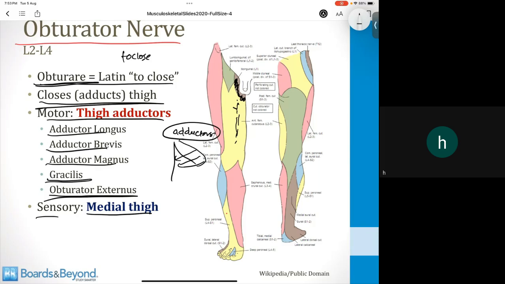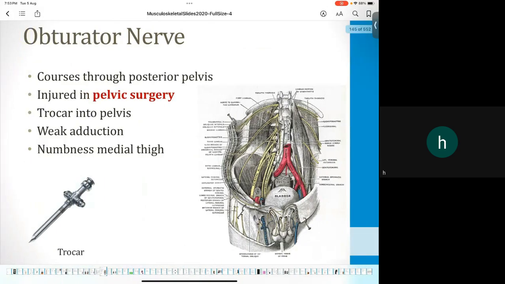So as we pull them, they aid the thigh, supplied by which nerve? Obturator, because the word obturator means to close. Obturare, Latin, to close, is going to close your thigh: adductor longus, brevis, magnus, gracilis, obturator externus, in your medial thigh. Is it clear?